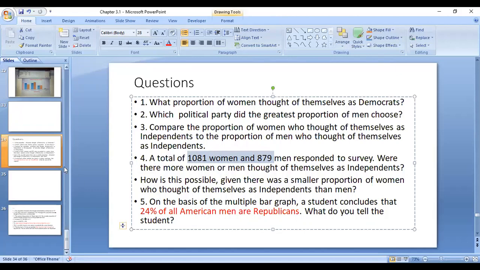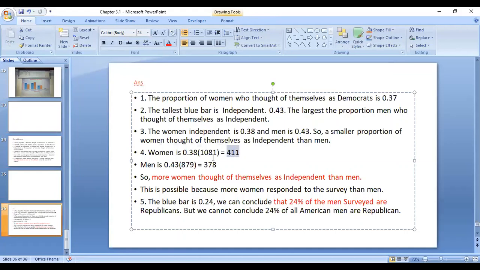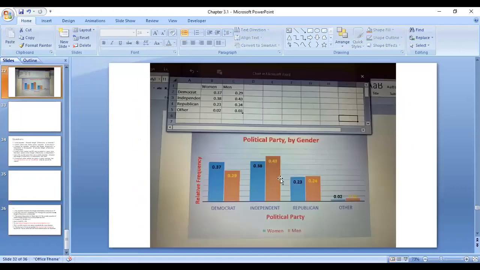So when you find it, you will see the number of women is 411, but the men is 378. It is greater than the men. But the proportion, the woman is smaller than the man. The woman is only 0.38 and the man is 0.43.